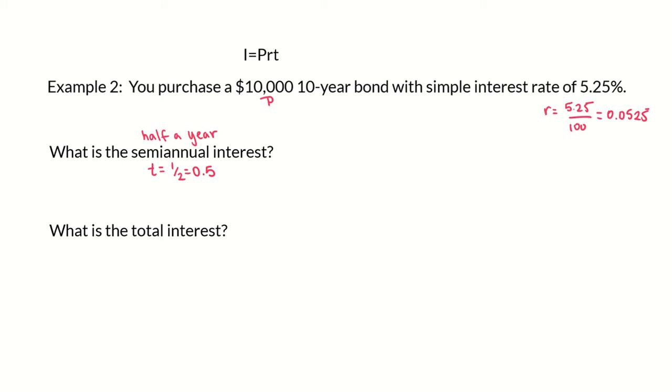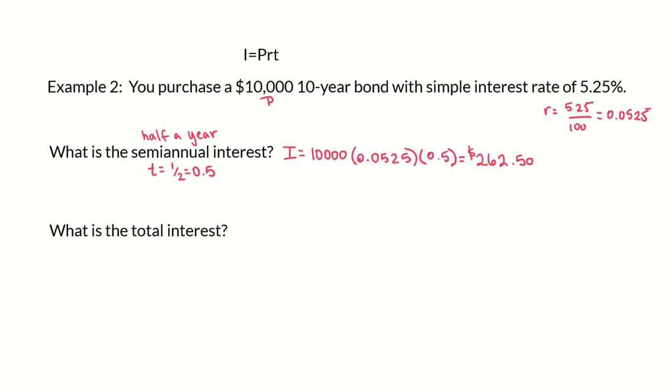So the semi-annual interest would be I equals P, which is 10,000, multiplied by R, which is 0.0525, multiplied by time, which is 1/2 or 0.5. This gives interest of $262.50. So the semi-annual interest is $262.50.